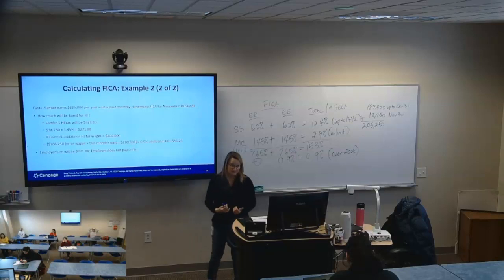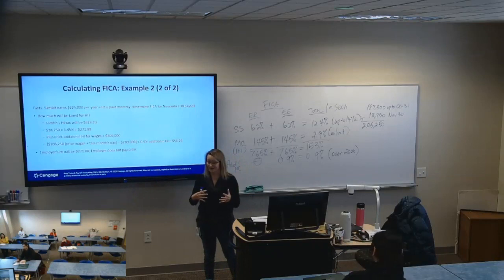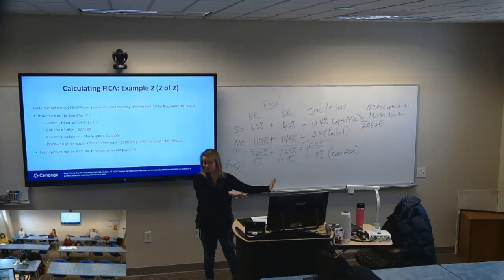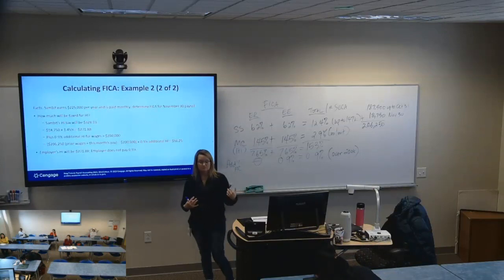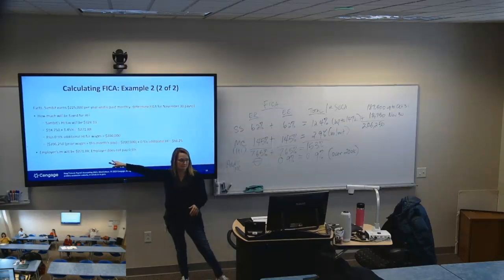From the employee's perspective, how much they're subject to is going to depend on their filing status on their own individual tax return, but that's for the employee to worry about. For our purposes, in calculating payroll, once they reach that 200,000, that kicks in.